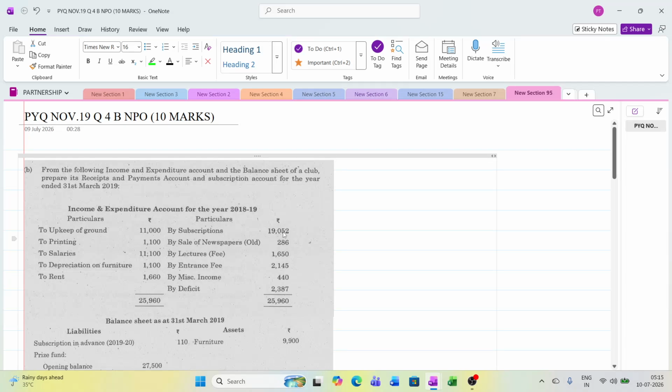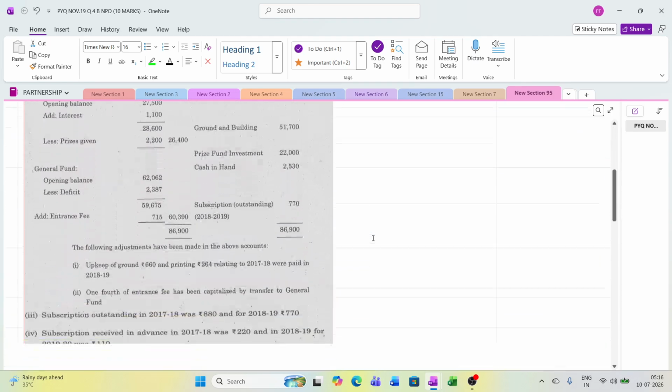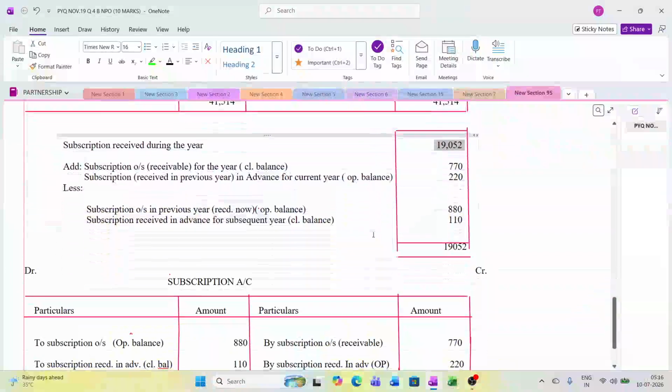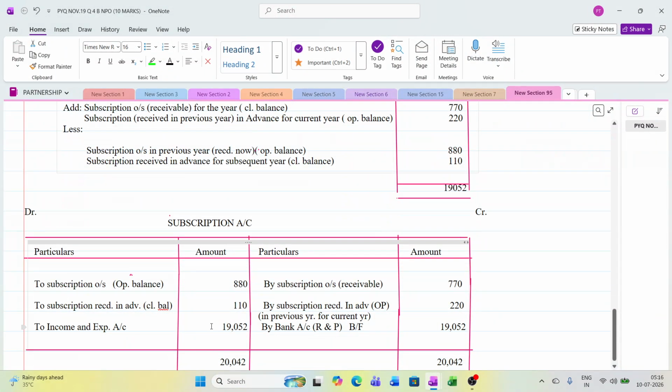And you know now this 19052 is shown in the income and expenditure account on the credit side. Definitely this will be on the debit side of the subscription account. You agree with me? There is no confusion on this. Here it is credit, so definitely it will be on the debit side of the subscription account. Take it to the debit side, to income and expenditure account.